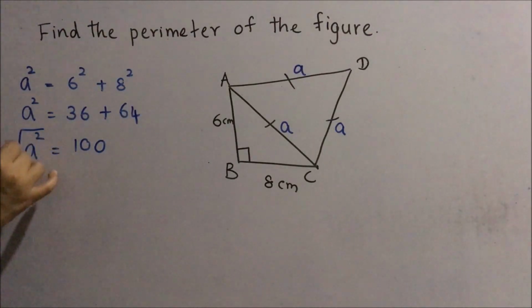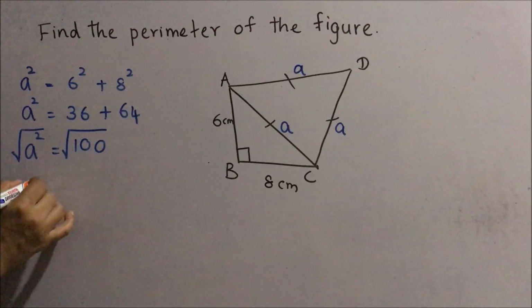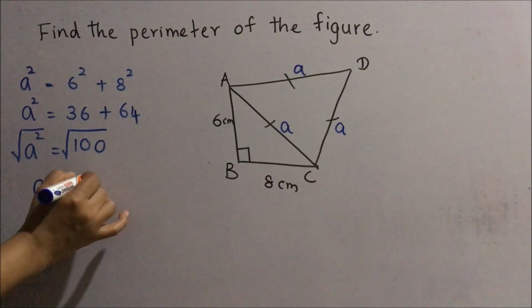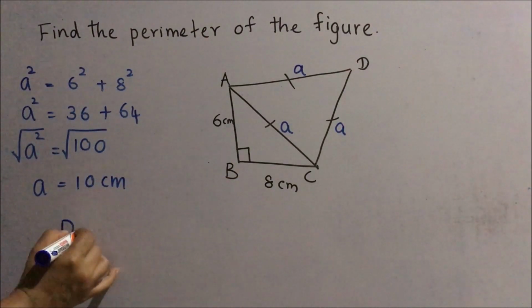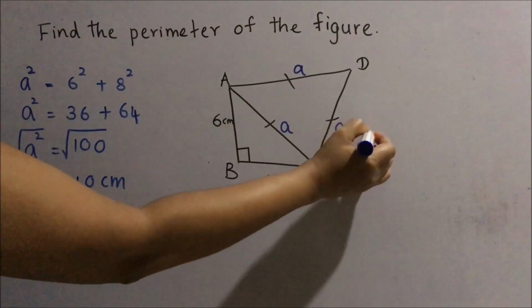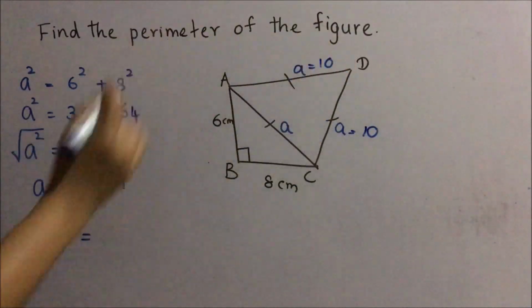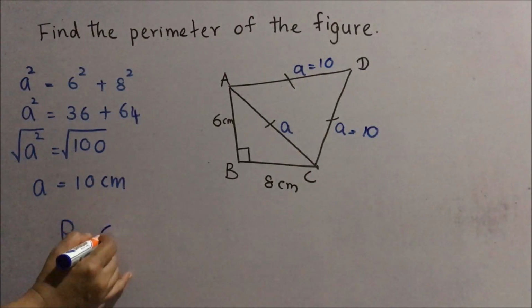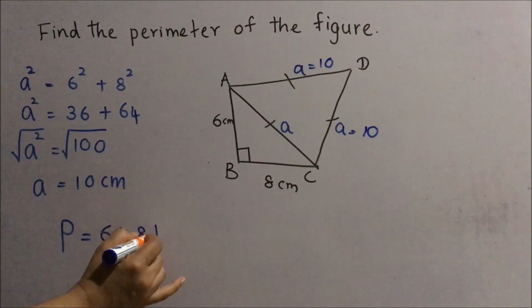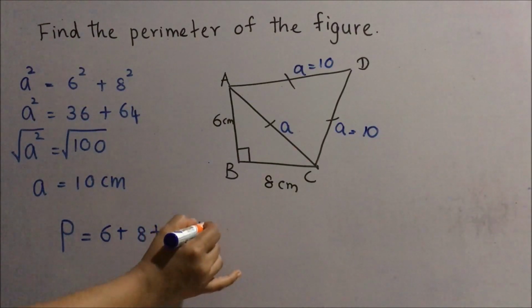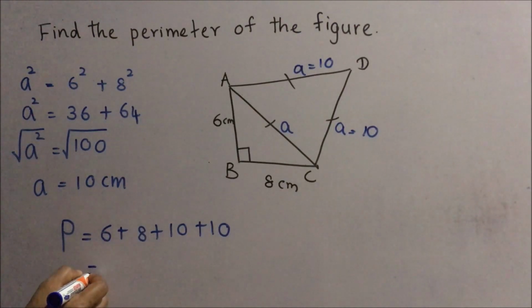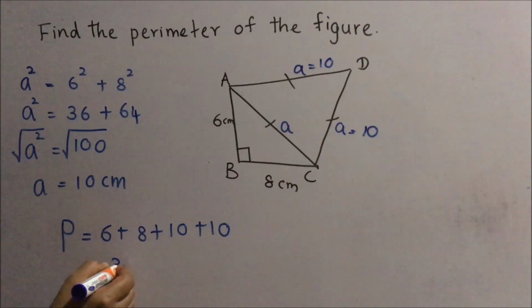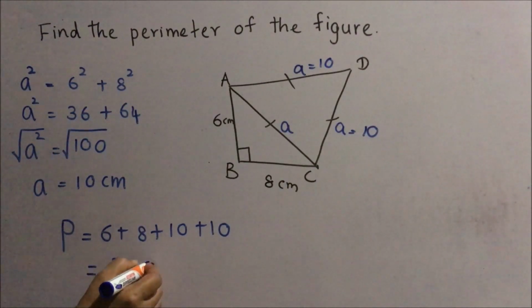Then take the square root of both sides. A equals 10 centimeters. Then perimeter equals, now A equals 10, perimeter equals 6 plus 8 plus 10 plus 10, equals 34 centimeters.